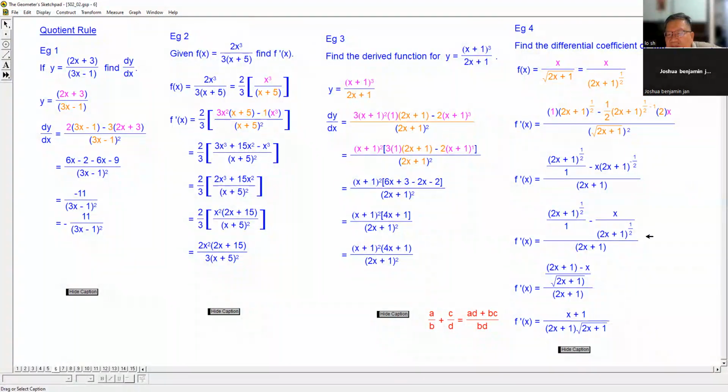This times this. Power of half times power of half is power of 1.